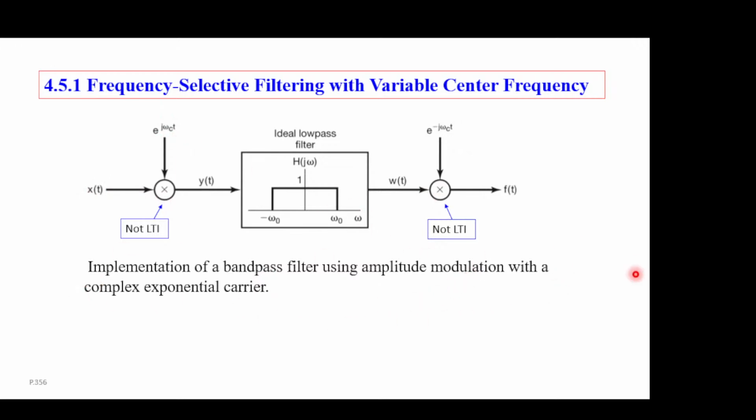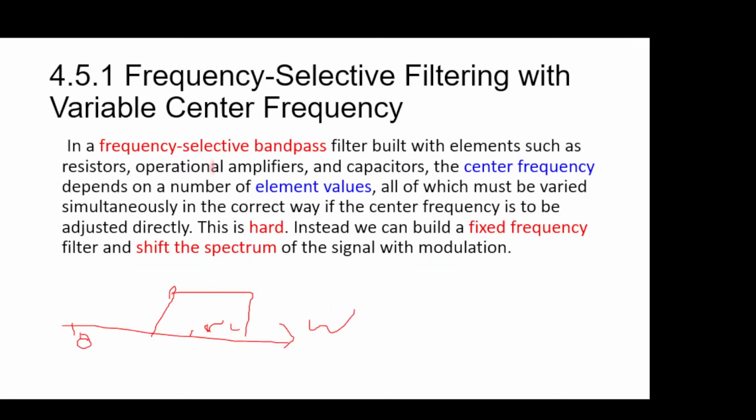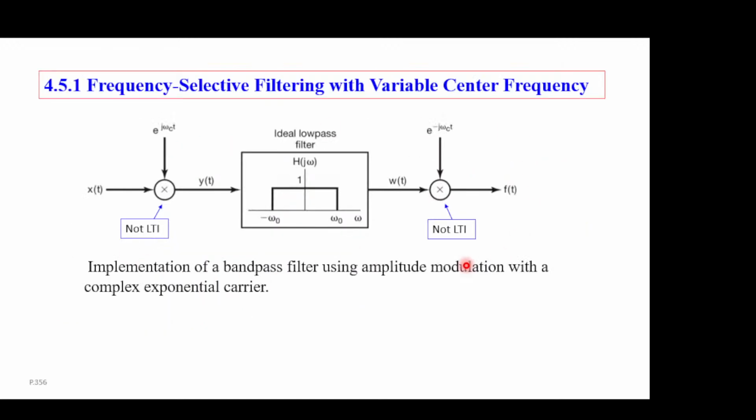So why does this work? We said constructing a frequency selective filter with all those linear elements is very hard because you need to tune everything. And this works because we are using non-linear elements here. The multiplication by e to j omega c t and by e to minus j omega c t are still linear, but not time invariant, so this is not LTI.